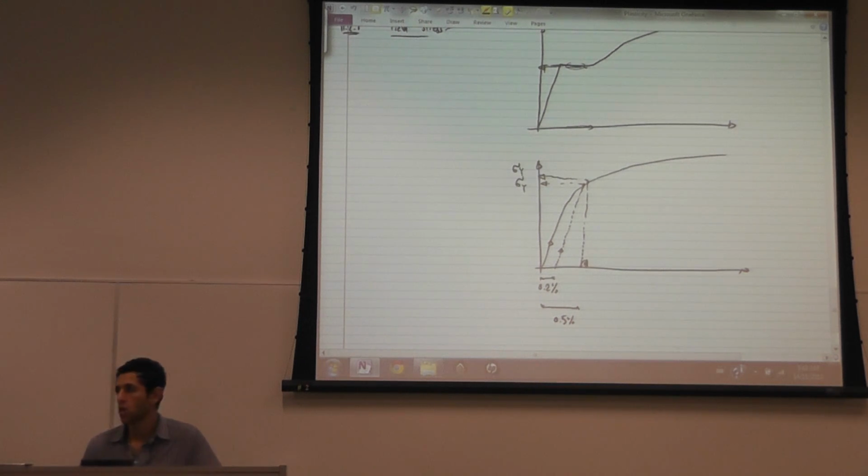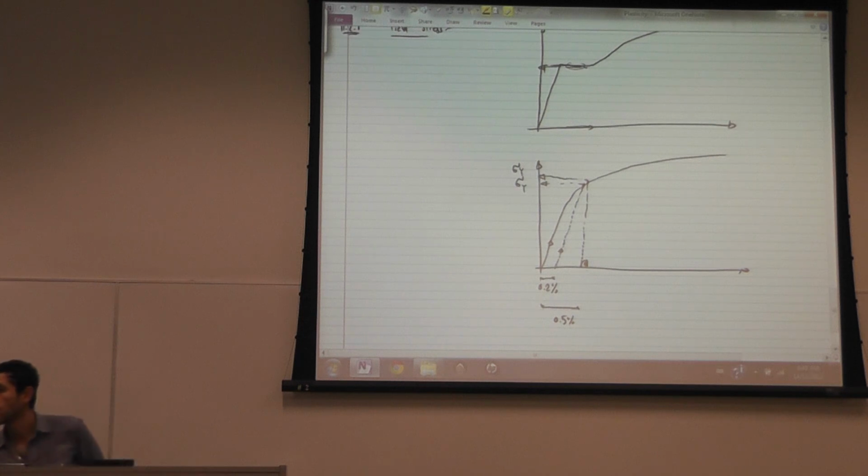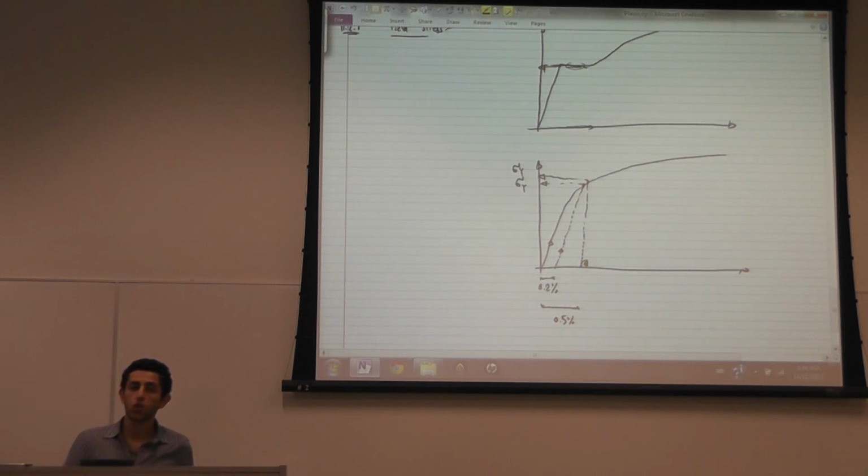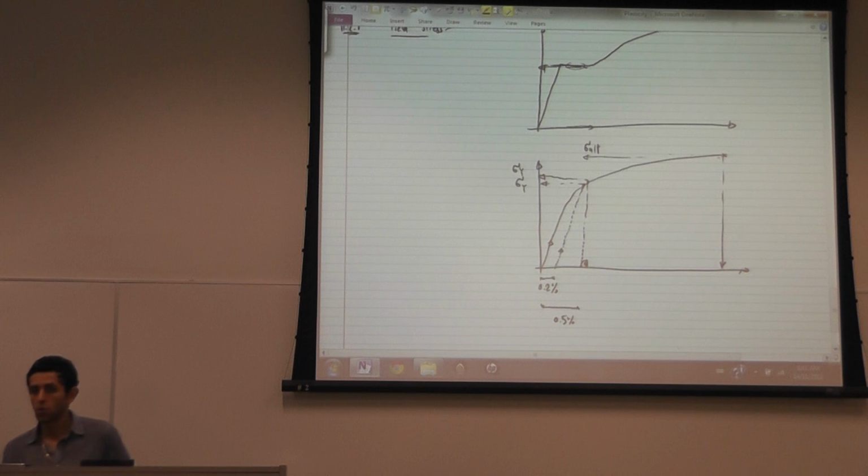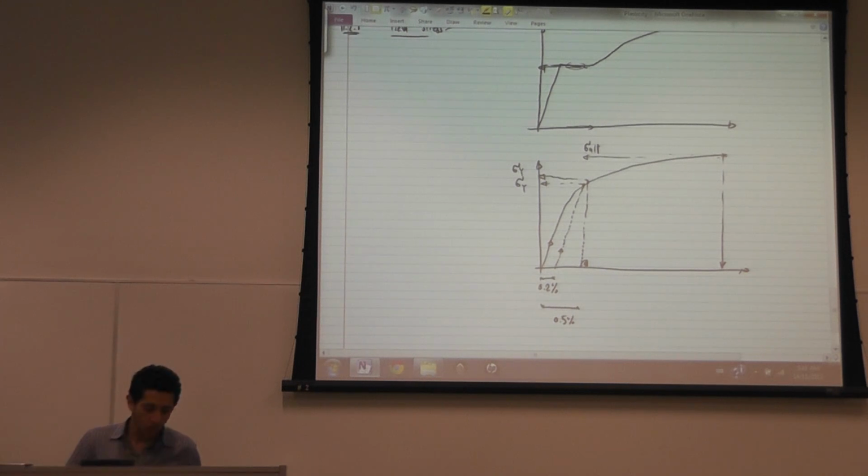So it really depends on which code you're looking at. You might find different definitions of what your yield stress is. The ultimate stress is really well defined. That's the maximum stress that the material can reach. And the ultimate strain is the strain corresponding to the ultimate stress. So these are well defined. Yield stress is not very well defined, and that's why you get this 0.2% or the 0.5% offsets.